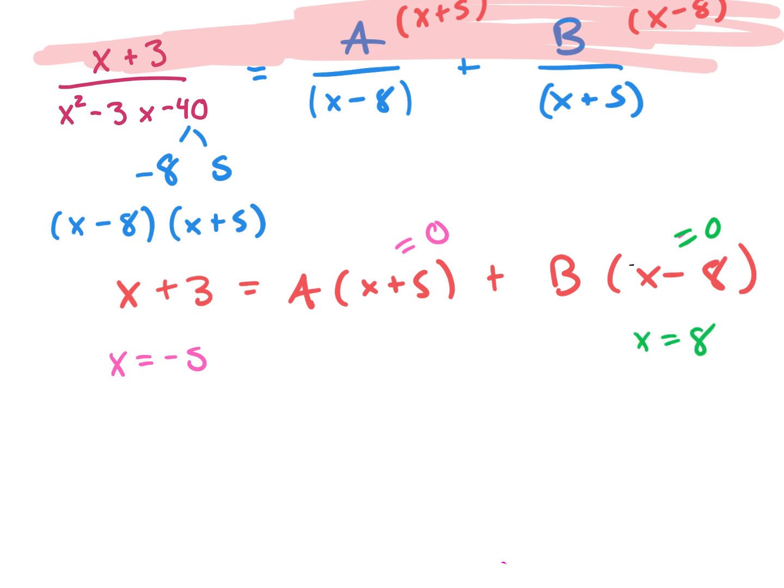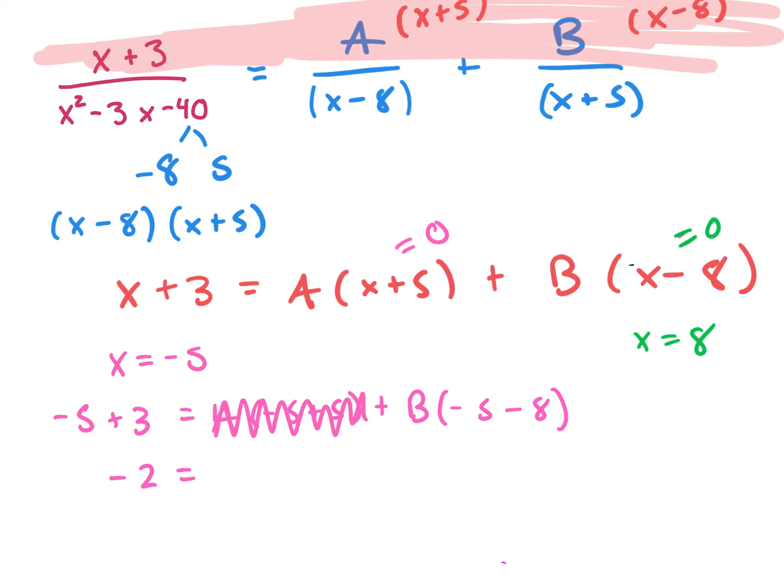So we plug that in. So negative 5 plus 3 is equal to a times negative 5 plus 5 plus b times negative 5 minus 8. So negative 5 plus 3 is negative 2. What's negative 5 plus 5? 0.